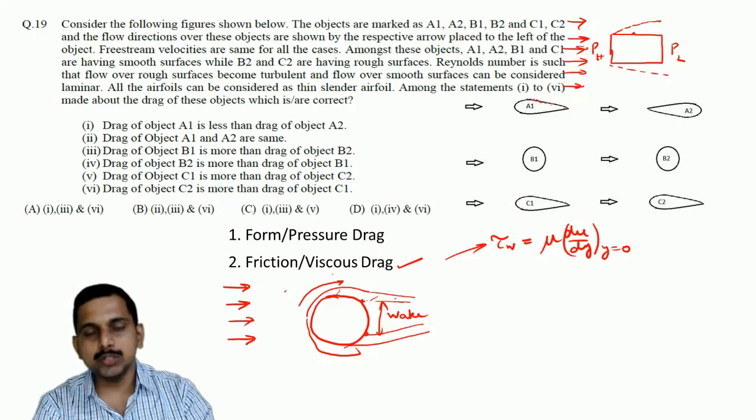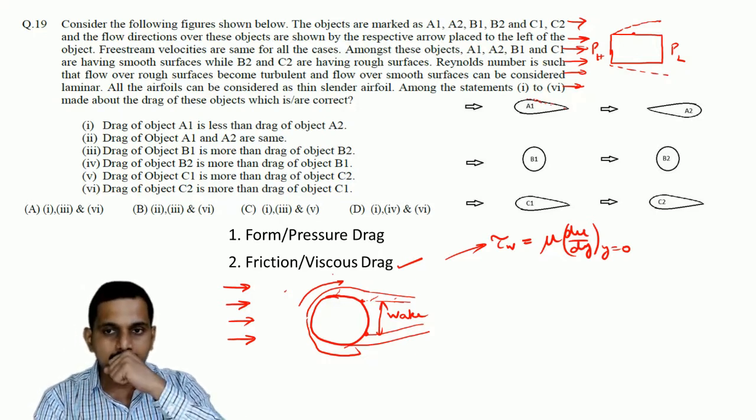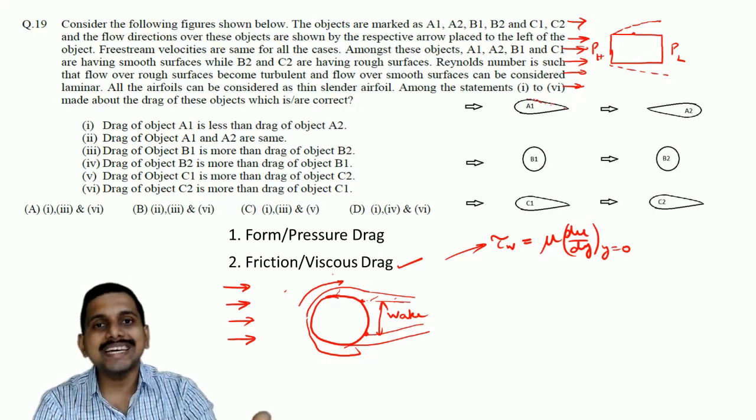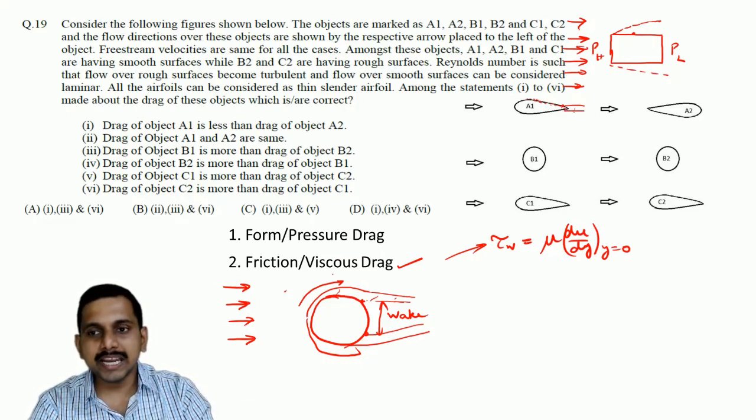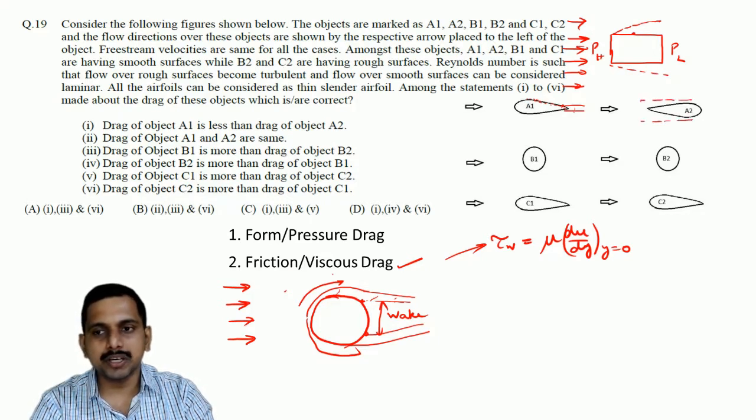When there is a gradual increase of pressure, the separation is delayed. So there might be a separation somewhere here and the area of the wake is reduced considerably. Whereas in the second case, A2, there is a favorable pressure gradient, but over here the separation happens earlier than this.